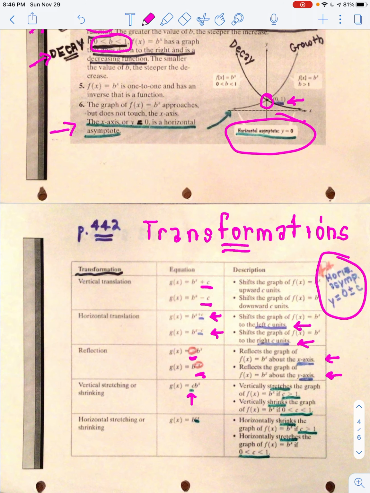The value of c is really going to suggest which type of stretching or shrinking you have. You don't have to get real hung up about whether it's a stretch or a shrink, although the value of c will indicate which you have, and the placement of c will indicate whether it's going to be a vertical or horizontal stretch or shrink.